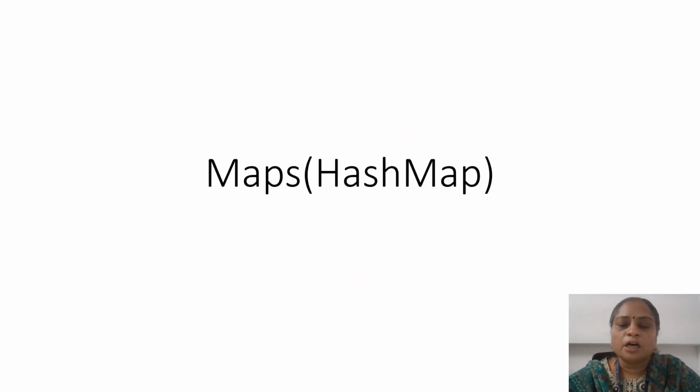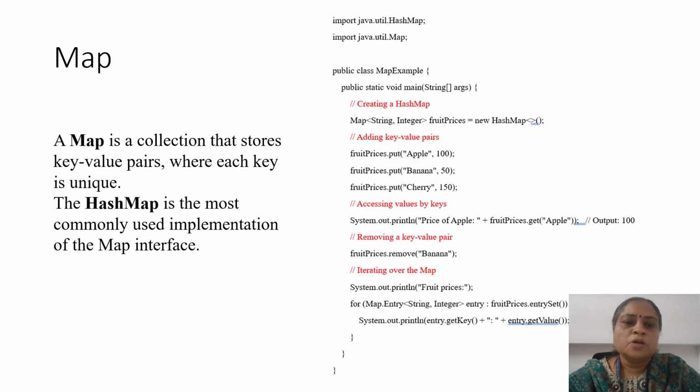Next we will see the last topic, HashMap. A map is a collection that stores key value pairs where each key is unique, and HashMap is the most commonly used implementation of map. If you want to utilize HashMap, you have to import it using the code import java.util.HashMap.